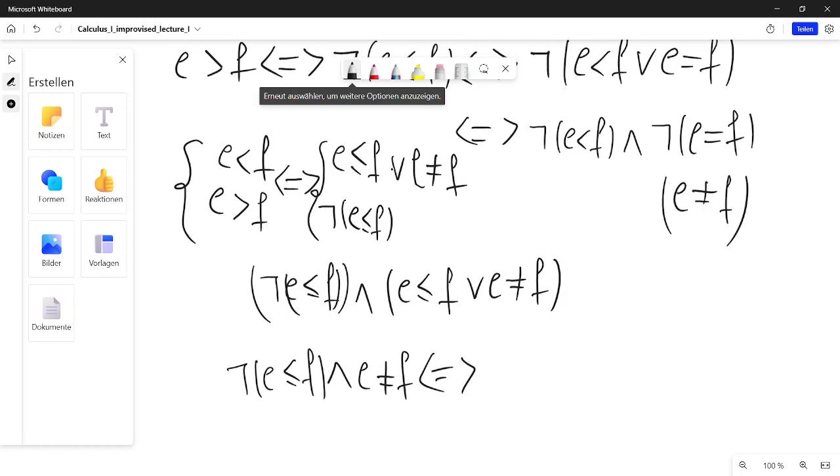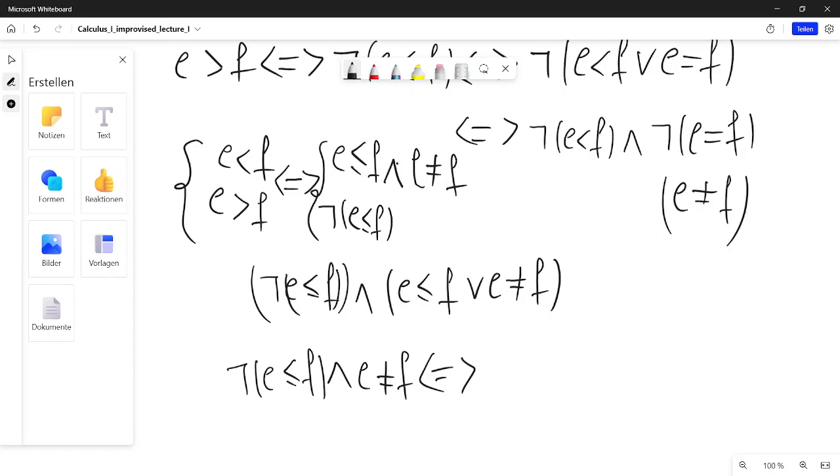So we have all that, and we go F, E unequal F. How did I get that? I don't know what I have written here, because clearly that has to be an and.